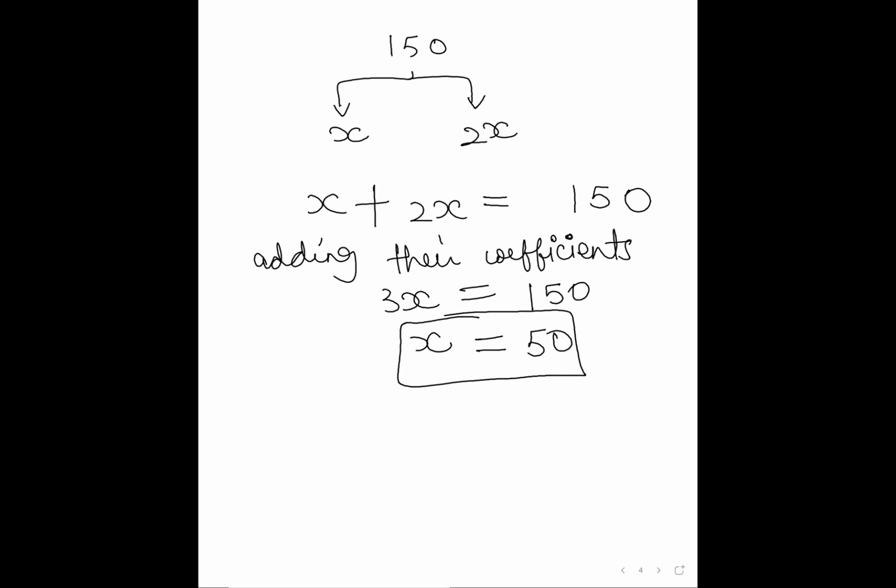So they are asking you to find the parts, right? Find the parts. So the first part is 50 and the second part is 2 times 50, isn't it? Because x is 50, so it is 2 multiplied by 50 because it is 2x. 2x means 2 multiplied by x and x is 50.